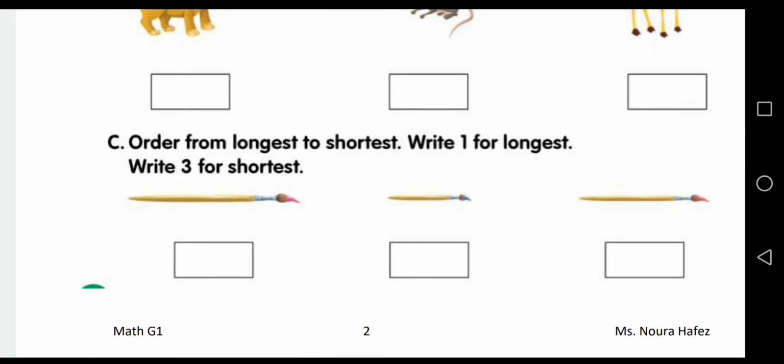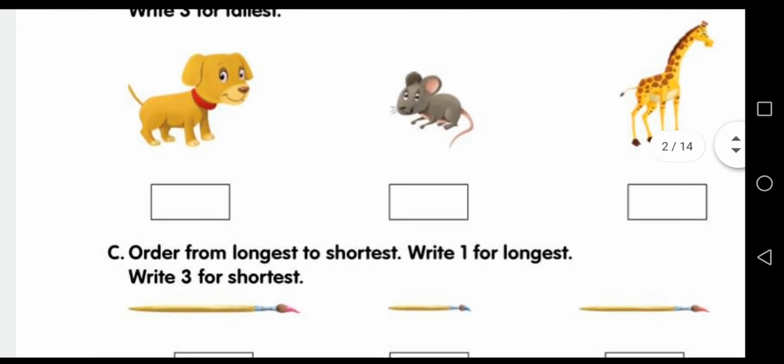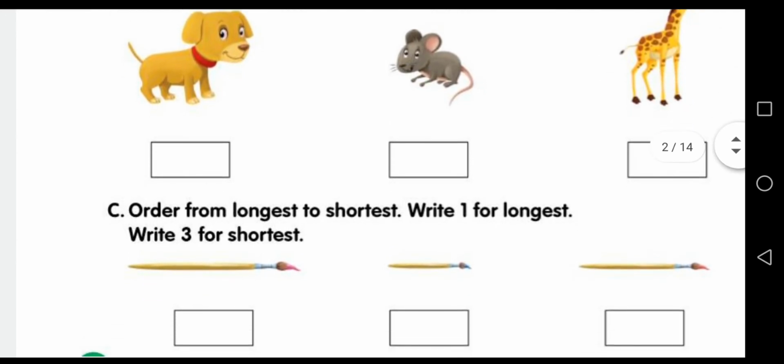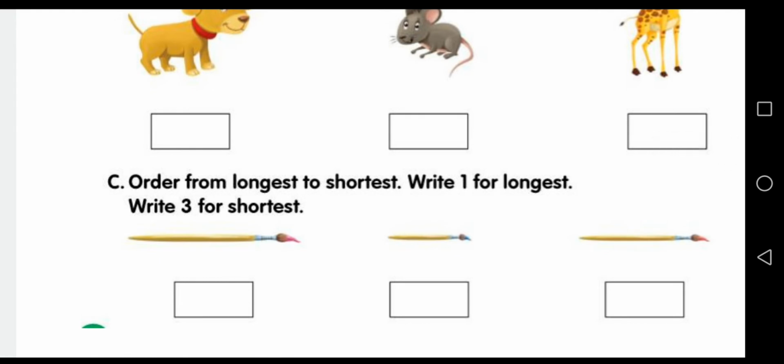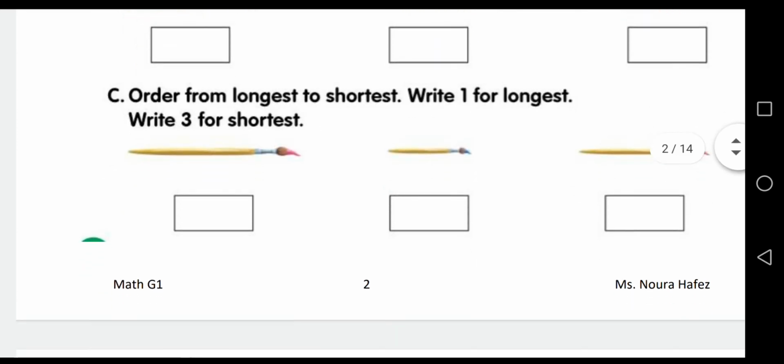And the second brush is the shortest, so I will write number 3. And where is the one in between? Excellent. It's the third brush. Perfect.